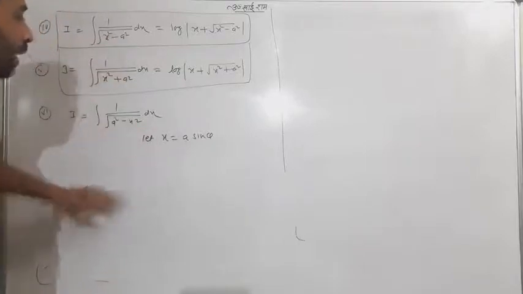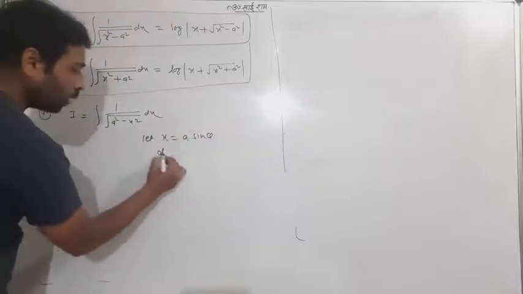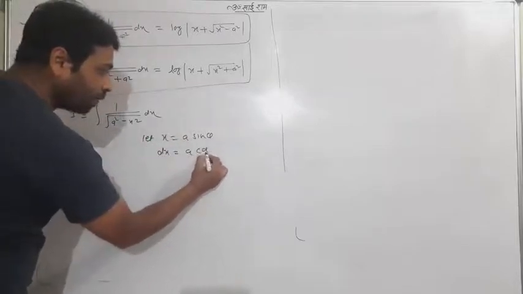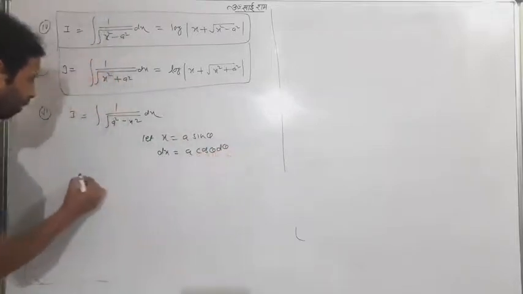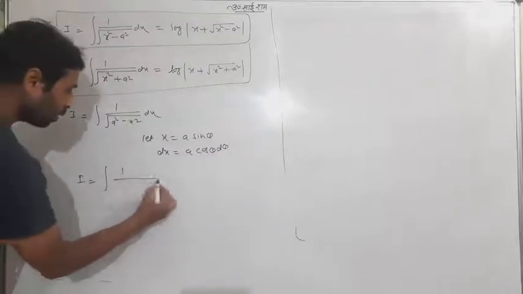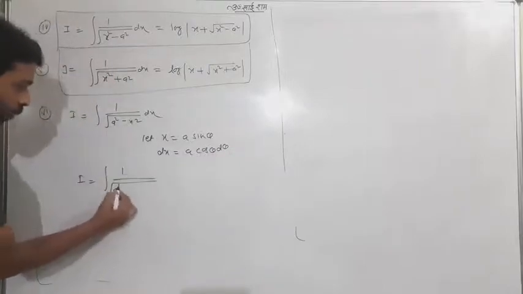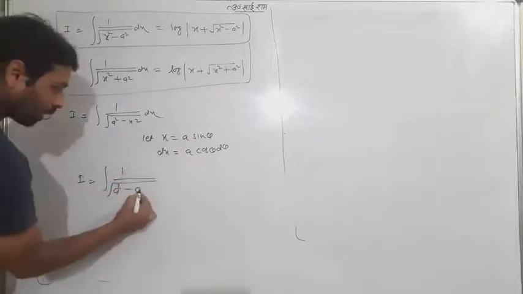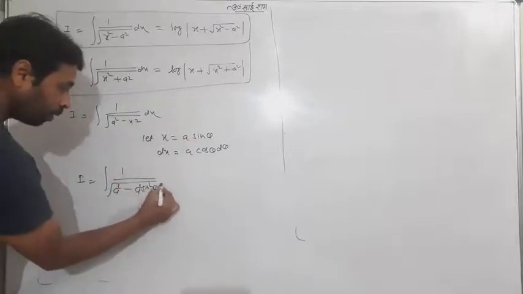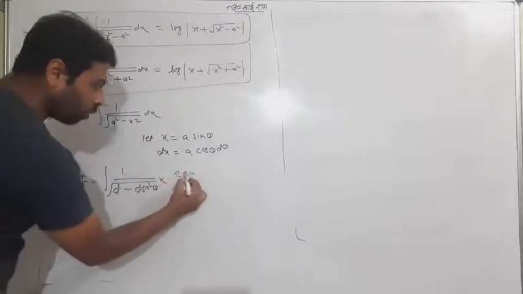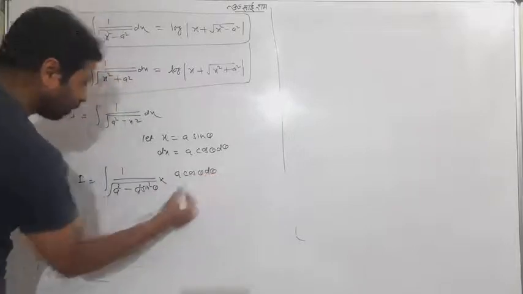Okay. So x equal to a sine theta, you do the differentiation. Sine theta has the differentiation cos theta d theta, so a square minus x square will be a square sine square theta, and dx will be a cos theta d theta.